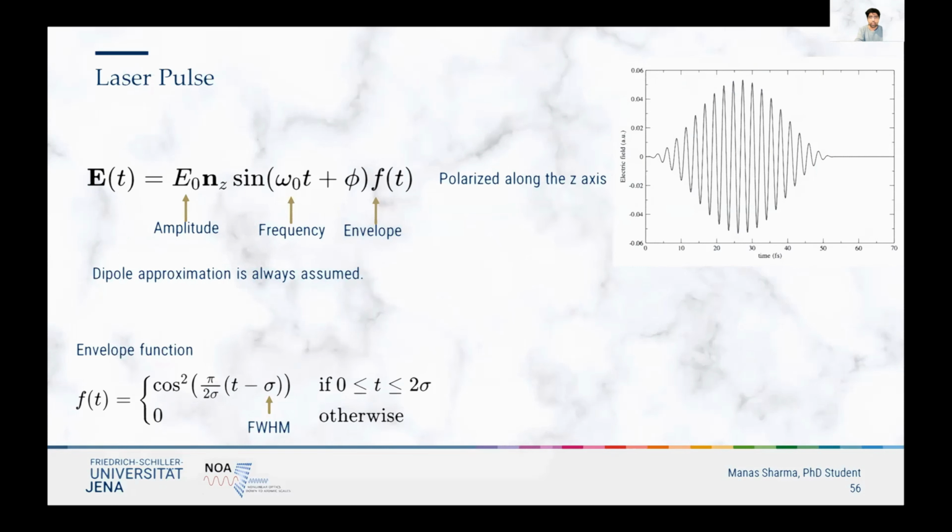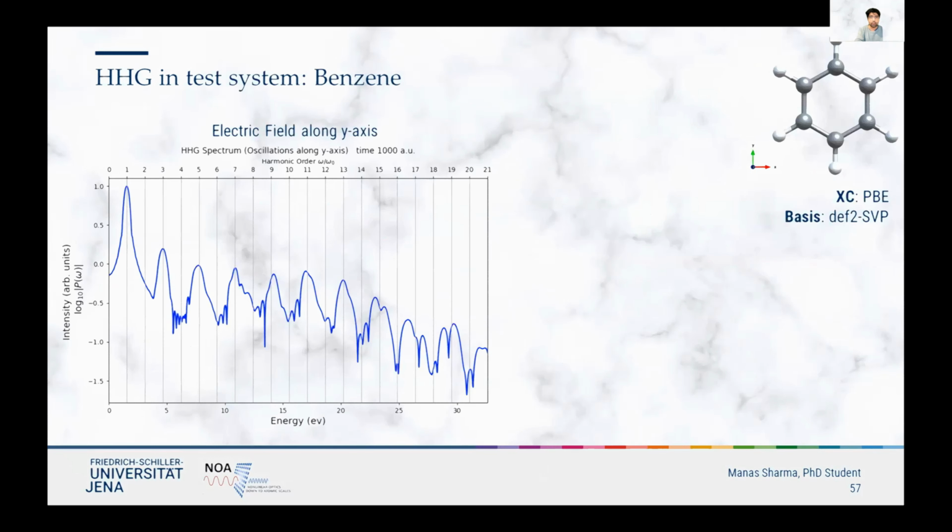So essentially I use this kind of laser pulse. It's a sinusoidal pulse with a cos squared envelope function. And here is a test calculation on the benzene molecule, a very simple calculation with just the SVP basis set and the PBE XC functional. We already see that it gives quite good agreement with what you should expect from theory and intuition.